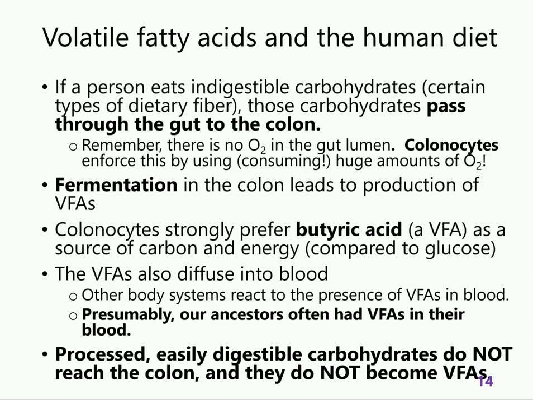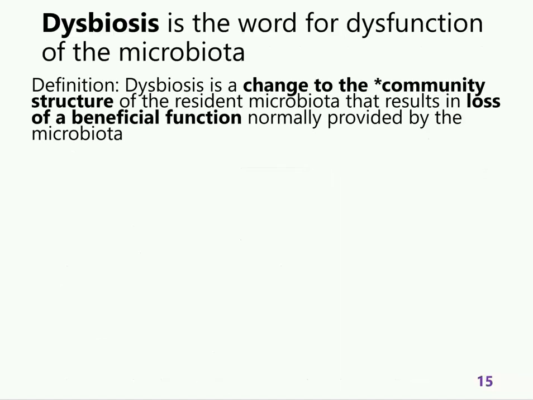They're easily absorbed in our small intestine. They don't get fermented. They don't become volatile fatty acids. So our body systems that could react to the presence of VFAs don't ever see the VFAs. And our colonocytes, which are expecting butyric acid as a source of nutrition, don't get it. And so it's no wonder we see some dysfunction from the Western diet.